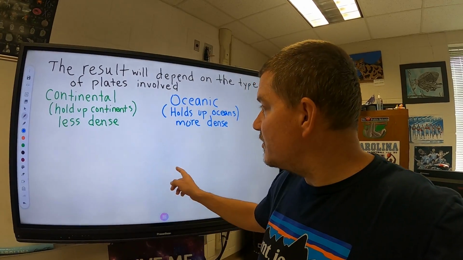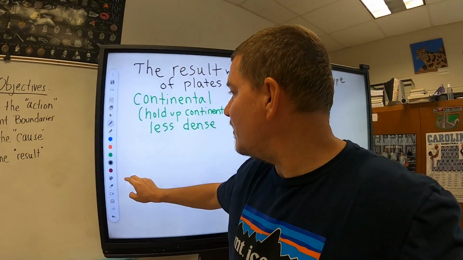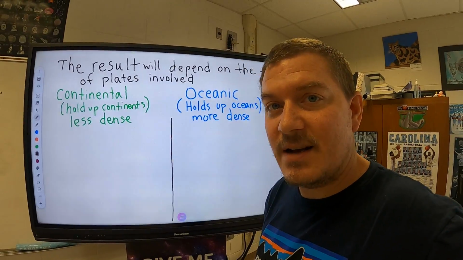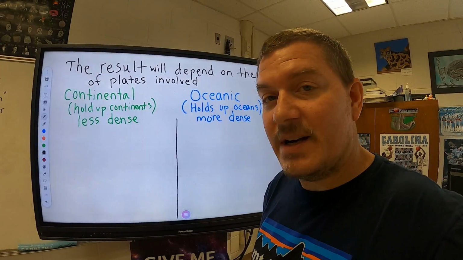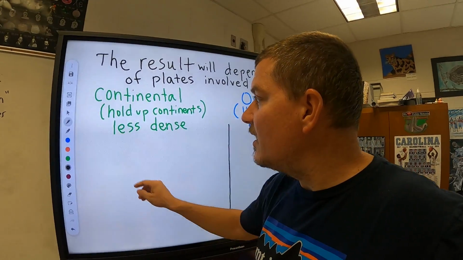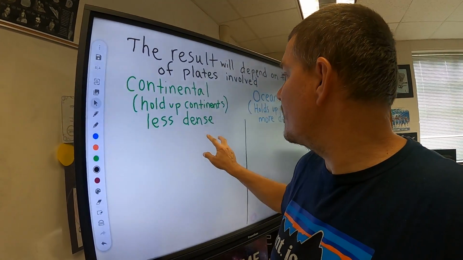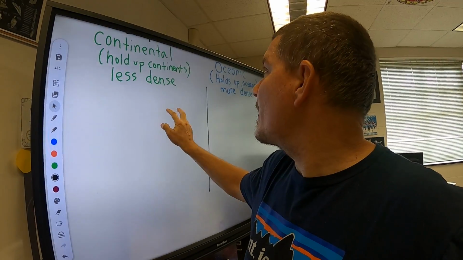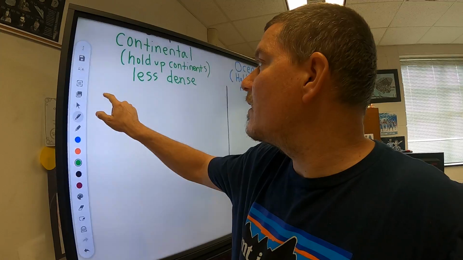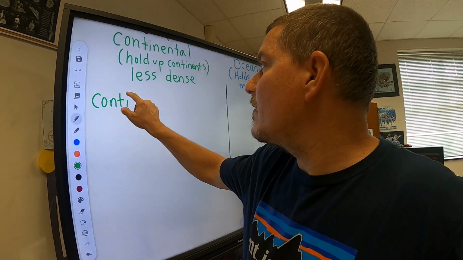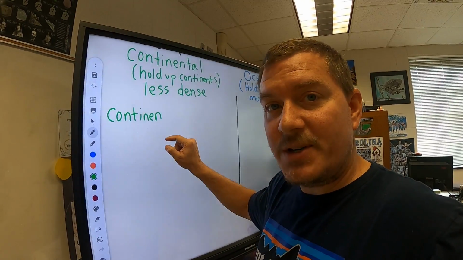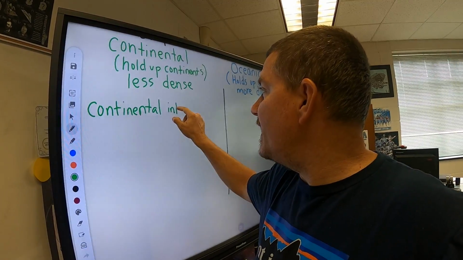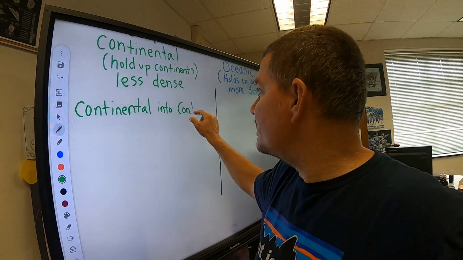We're going to look at two different situations. So with the rest of your paper, you can draw a line that goes down to divide it into a left side and a right side. And then we're going to go ahead and set up some drawings and descriptions over there. So the first situation we're going to look at is a continental plate moving into a continental plate.